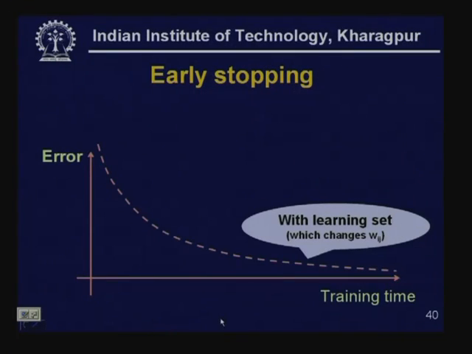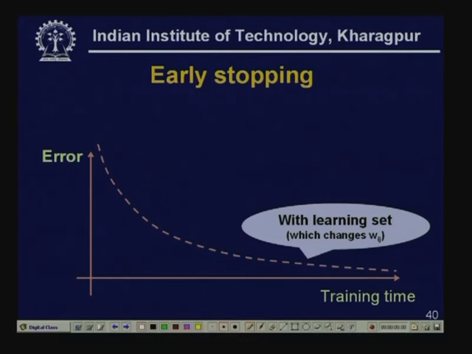Normally when we use our training examples, which we use for learning, as training time increases, the error reduces, as is shown by this graph. With time, as we train more and more, typically the error reduces.